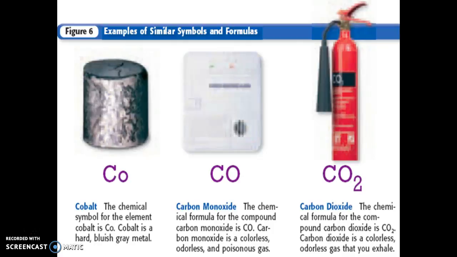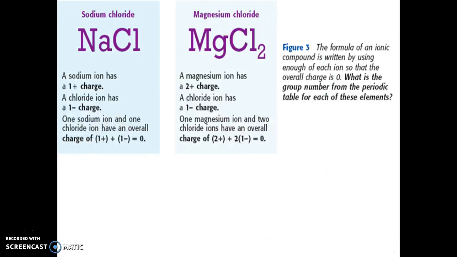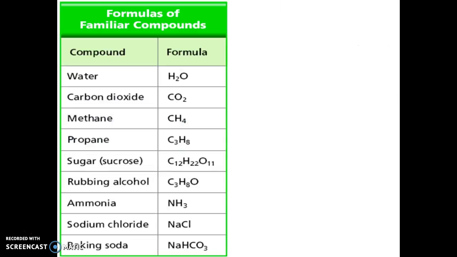Also a somewhat poisonous gas, but in a little bit different way. So all very different things, but their chemical formulas look similar. So you have to be careful when using chemical formulas. Here's just a couple of more examples. Sodium chloride, magnesium chloride, and several more that you can take a look at and see.